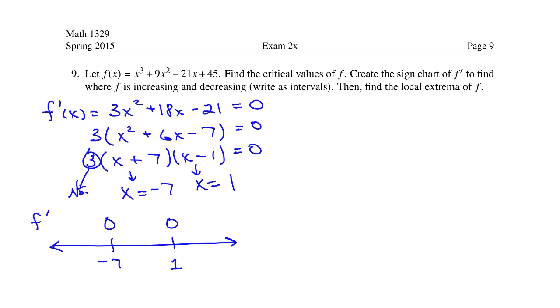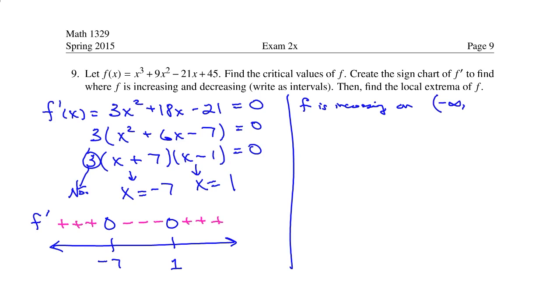And then if you plug in test values, you get positives, negatives, and positives. And so that tells me that f is increasing on negative infinity to negative 7, union 1 to infinity.